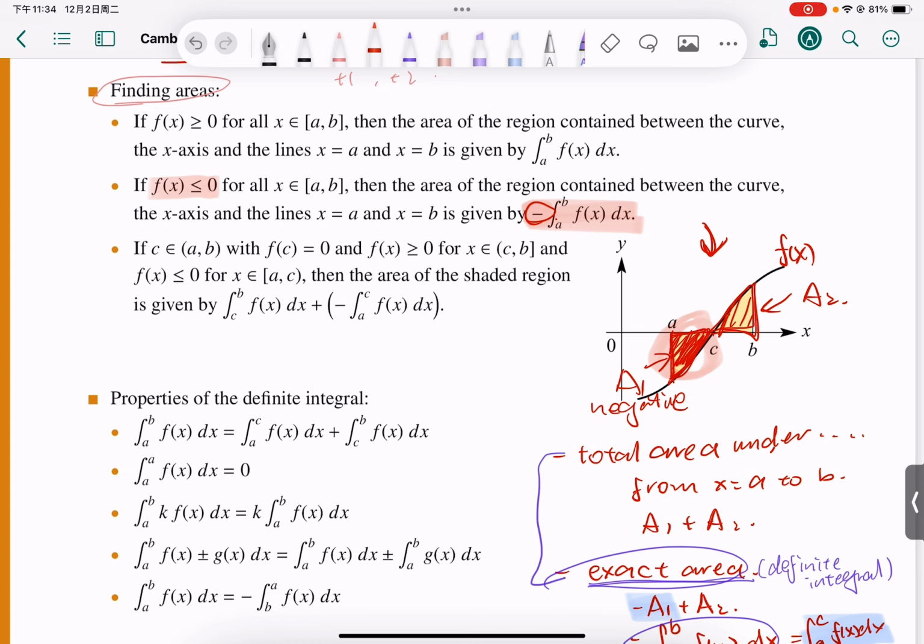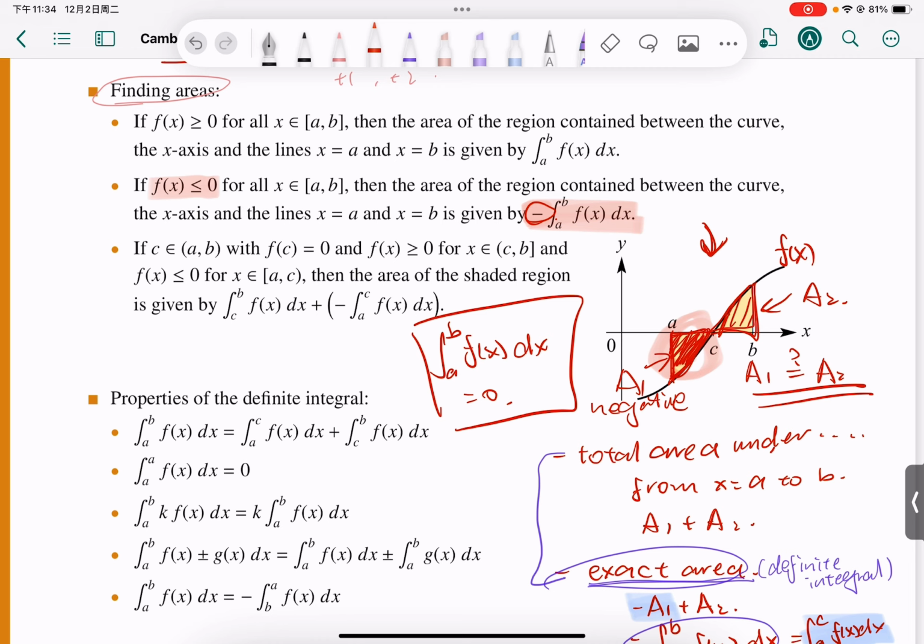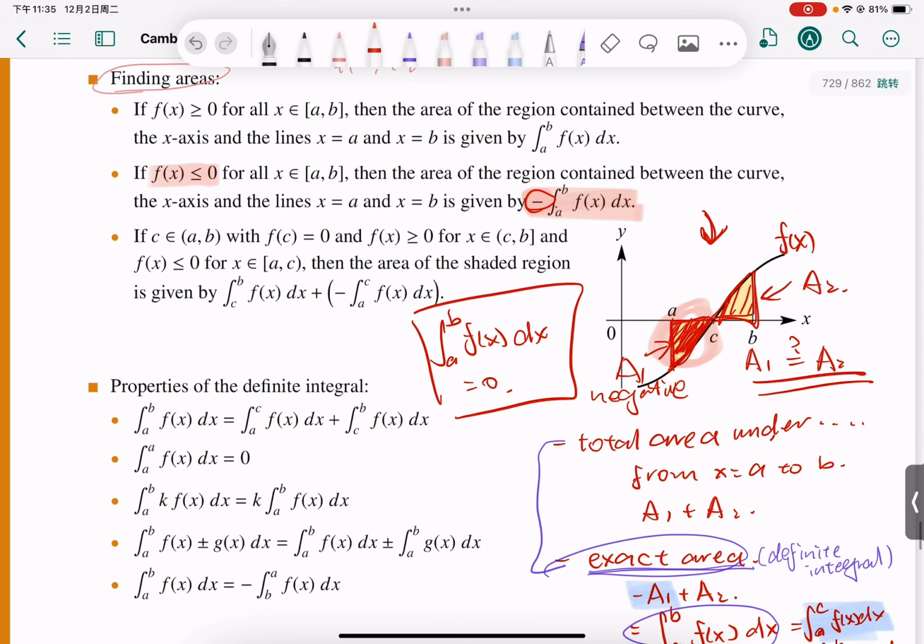If they ask you to find the integral from A to B of f(x) dx, and they tell you A1 is equal to A2, then obviously it's 0, right? So negative A1 plus A2 equals negative A1 plus A1, where A2 is equal to A1. So it's 0. This is about symmetry.